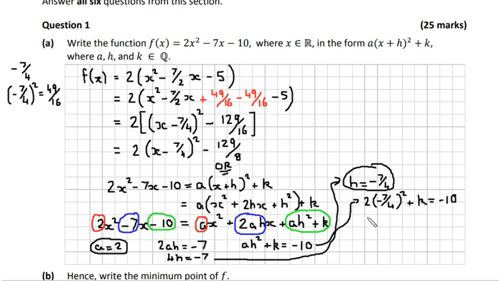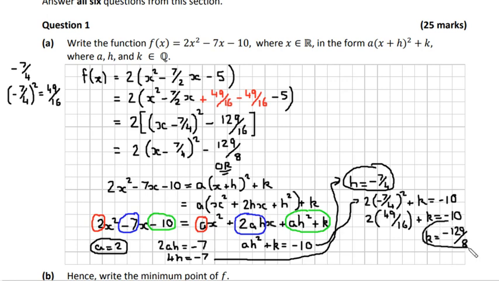So minus 7 over 4 squared is 49 over 16, and 2 by that is 49 over 8, plus k is equal to minus 10. When you bring it over here and subtract it, you're going to have minus 10 minus 49 over 8, which will give you minus 129 over 8. So there's your value of k.